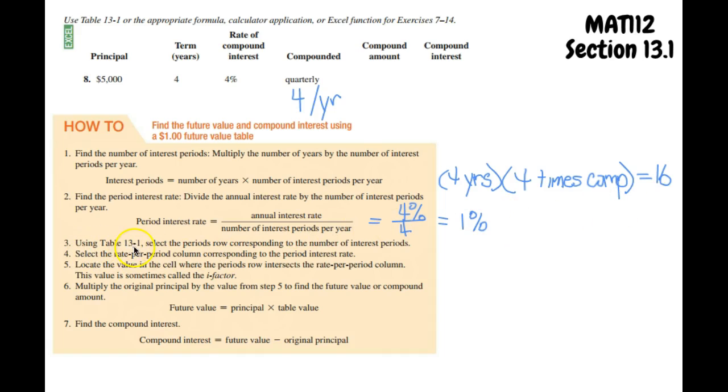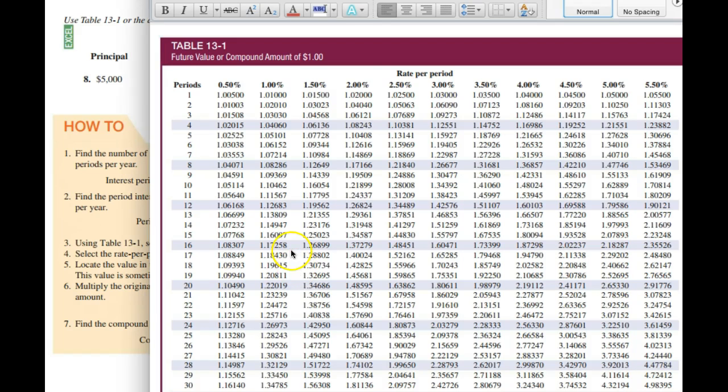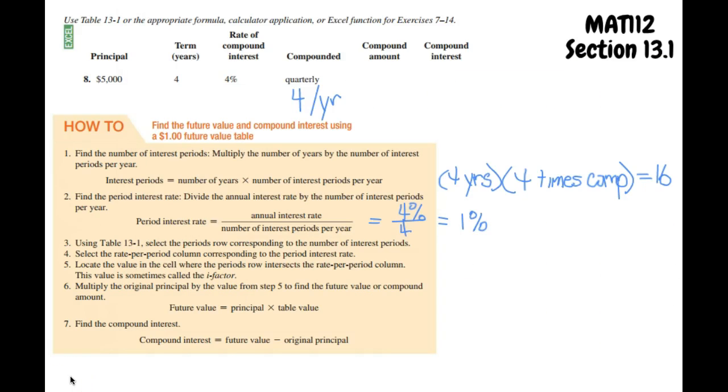Now we can go to table 13.1 or 13-1 and find the corresponding periods and the number of interest periods. So let me bring that chart up here. So we know that we have 16 periods, and the interest rate for those is 1%. And so we're looking at this number right here, 1.17258.